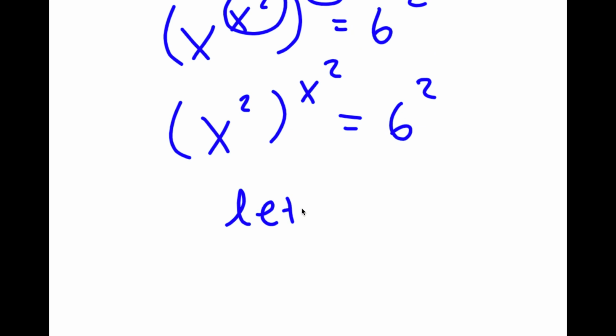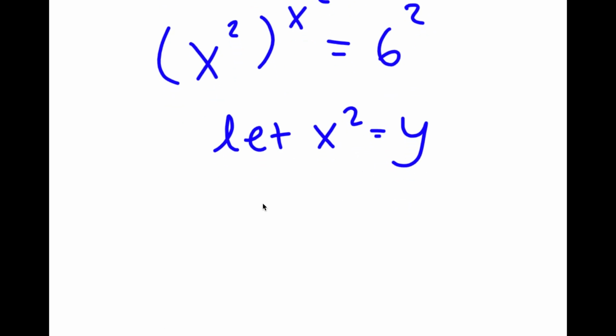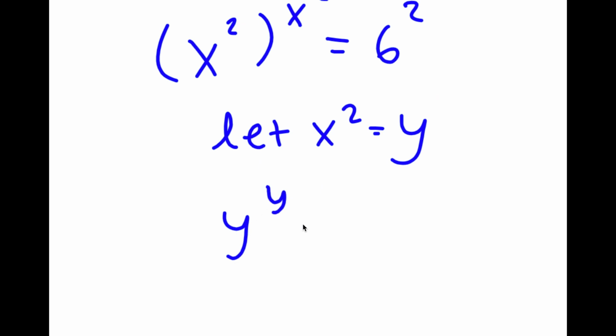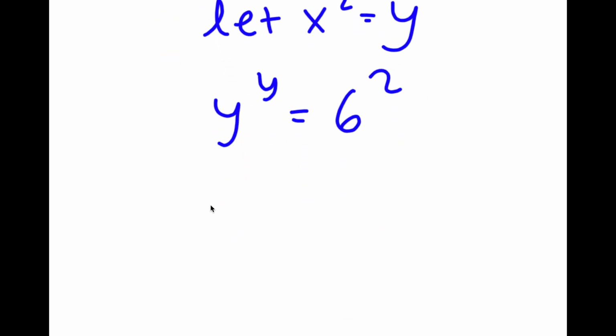And now I can let x squared equal to the variable y. So now I have y to the power of y is equal to 6 squared. And 6 squared, that's the same thing as 36. So now I have y to the power of y is equal to 36.